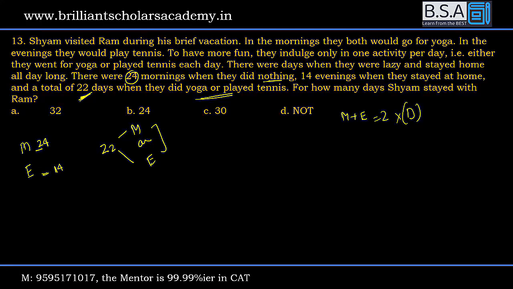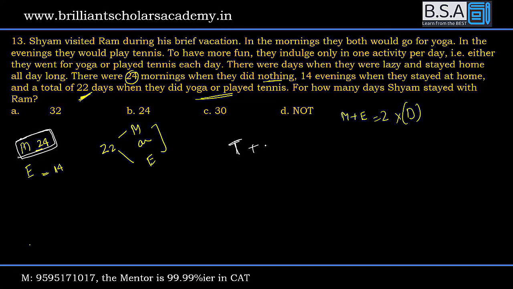So let me break it down for you. Now see, there are 24 mornings they did nothing, no activity. So I'm saying maybe in the evening they played tennis or they did nothing.